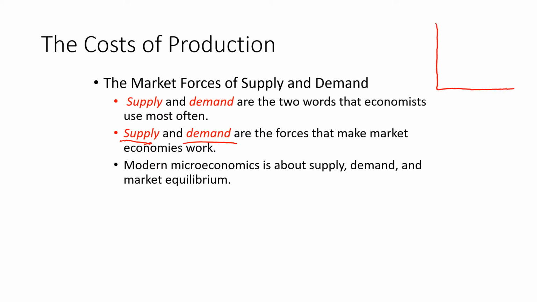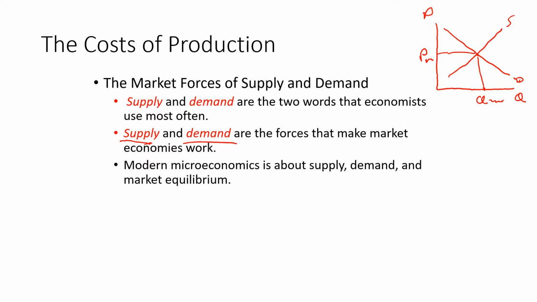We have a two-dimensional graph where we have prices on the y-axis and quantities on the x-axis, and the supply curve and demand curve determine the overall prices in the market, that is the PM, the market price, and the QM, the market quantity.